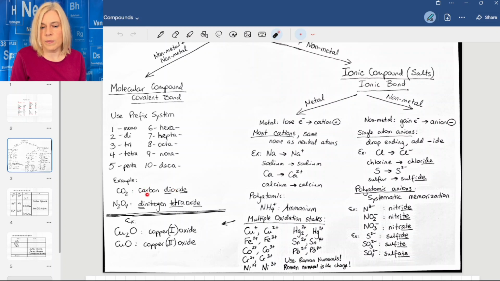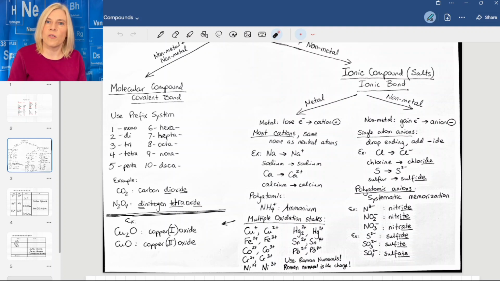We just say carbon dioxide. Here is N2O4. Well, how many nitrogens? 2. What's the prefix for 2? Di. So dinitrogen. And then it's 4, tetraoxide. The second element has ide at the end. So this is the plan. That's how all of the naming works.